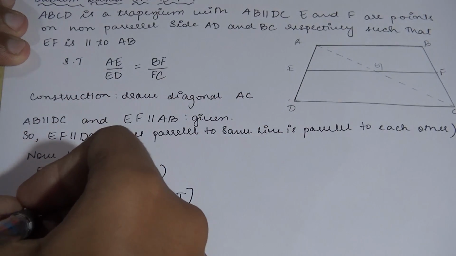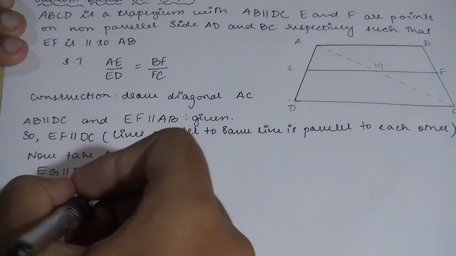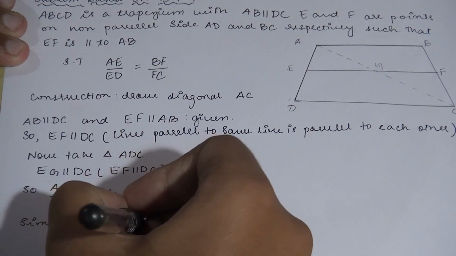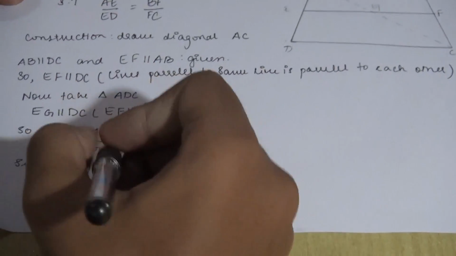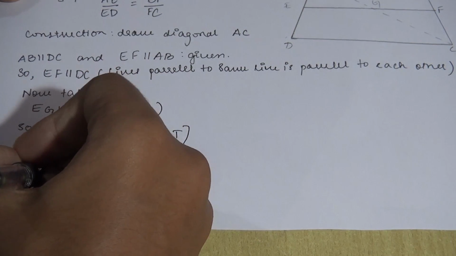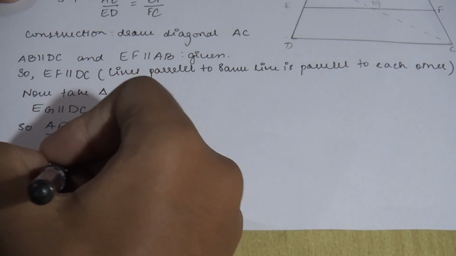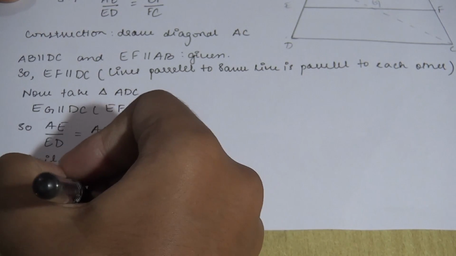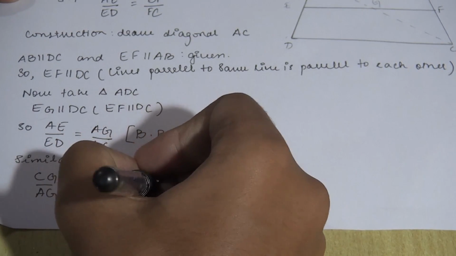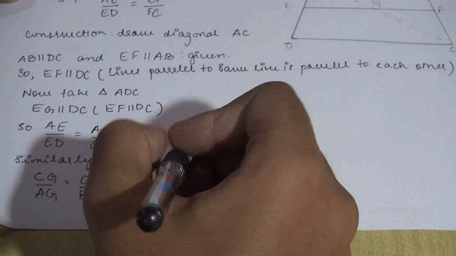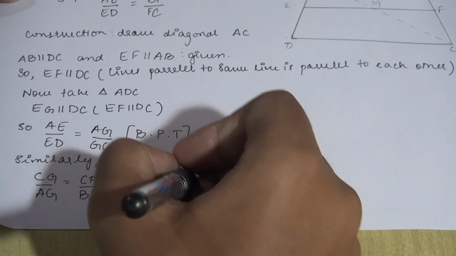Similarly, from triangle CAB, we have CG by AG is equal to CF by BF, and also AG by GC is equal to BF by FC.